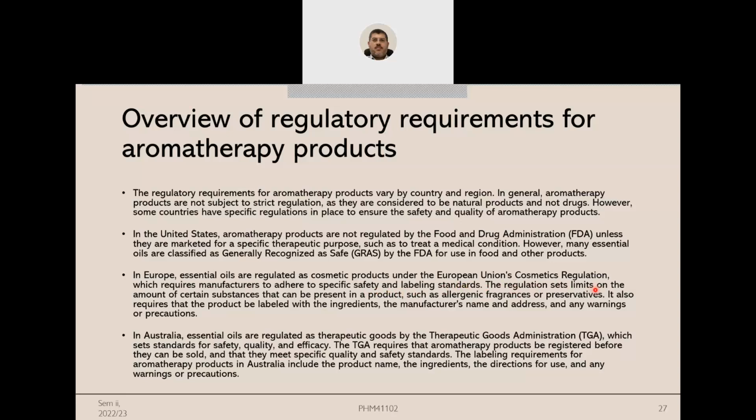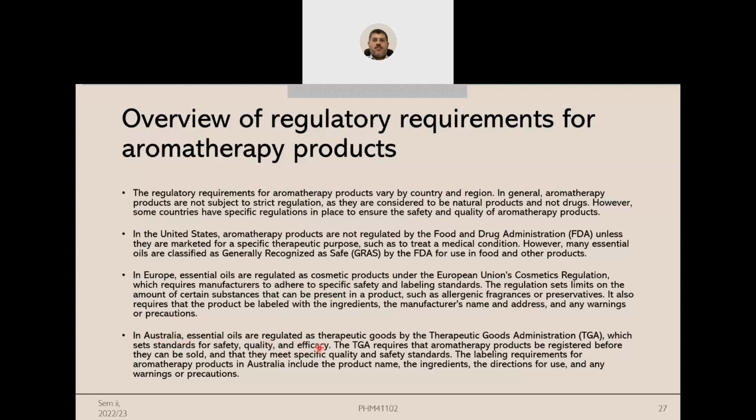The regulation sets limits on the amount of certain substances that can be present in products, such as allergenic fragrances and preservatives. It also requires that the product be labeled with the ingredients, the manufacturer's name and address, and any warning or precaution.